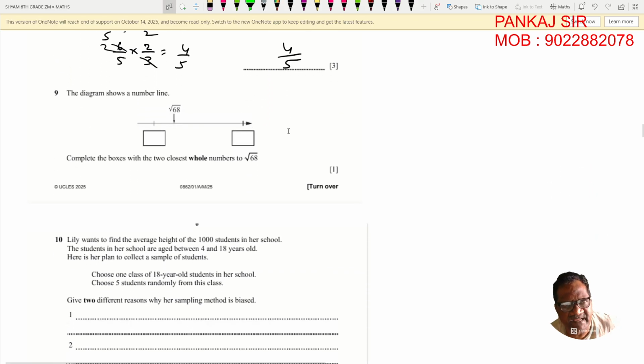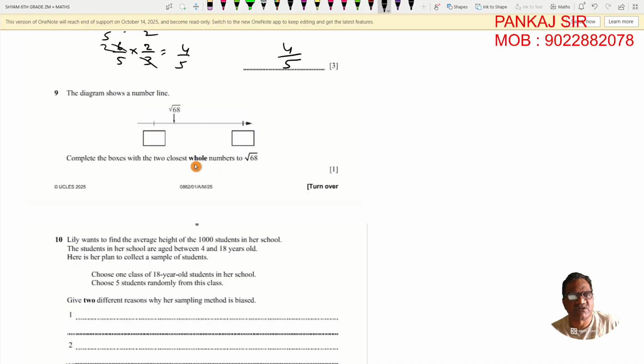Next question number 9. The diagram shows a number line. So this is a number line, and somewhere here he has shown you root of 68. Now complete the box with the two closest whole numbers to root 68. So there's some number over here between these 2 points, which is root 68, right?